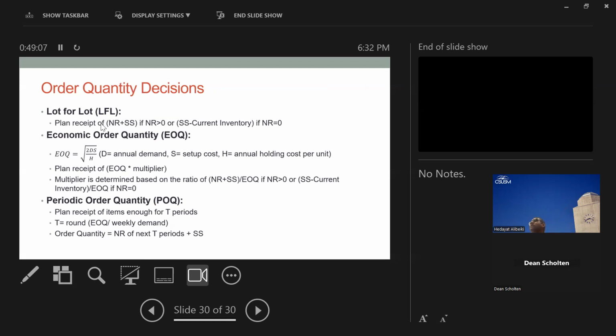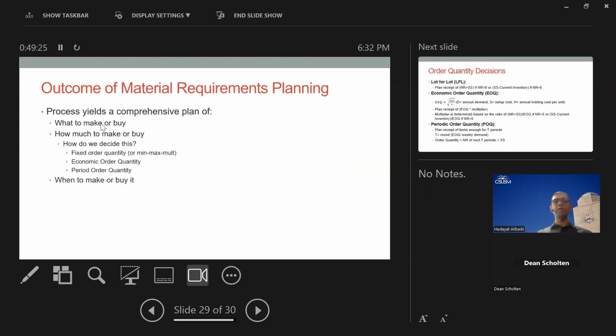But I think there are three more techniques that it tells us. We are going to go over two of them hopefully today.